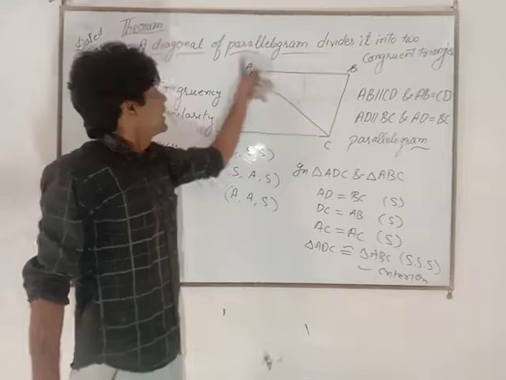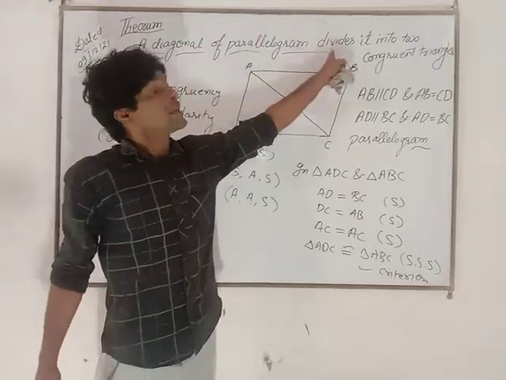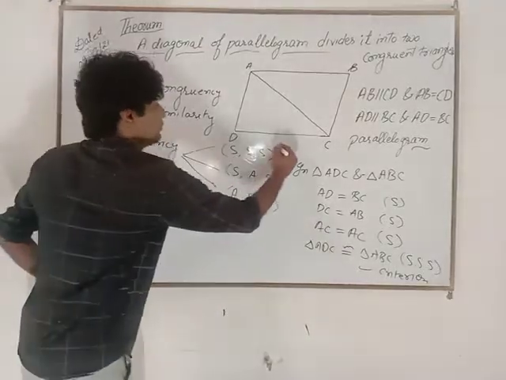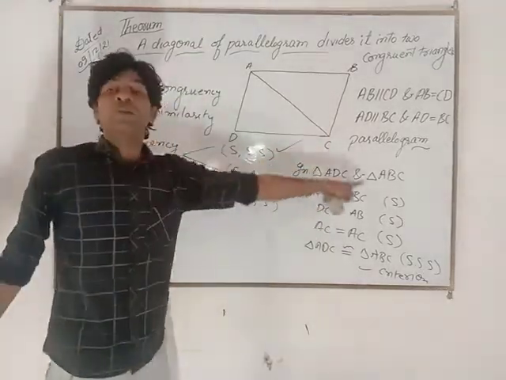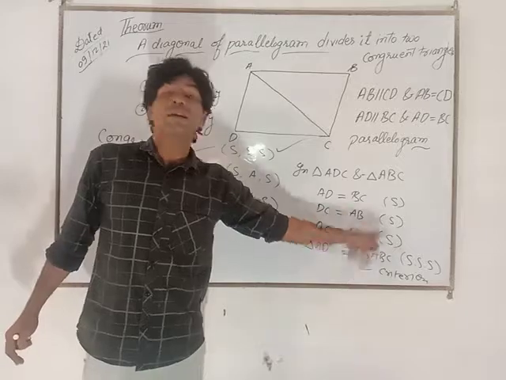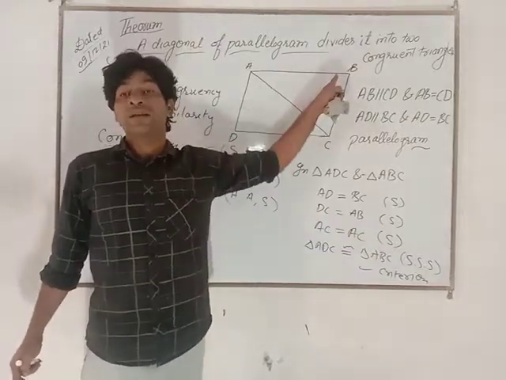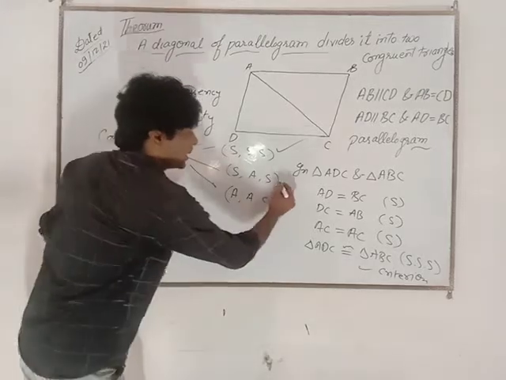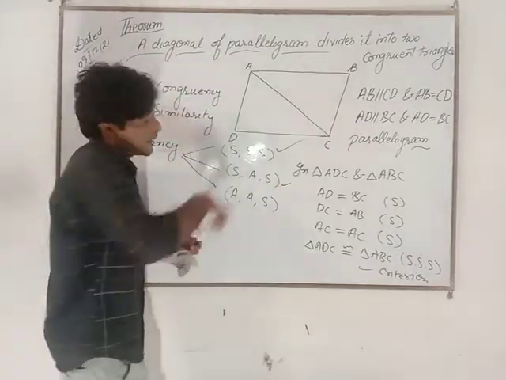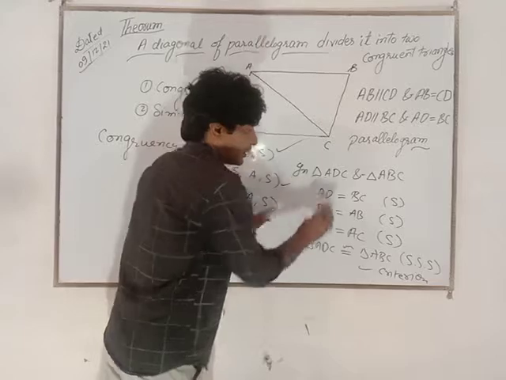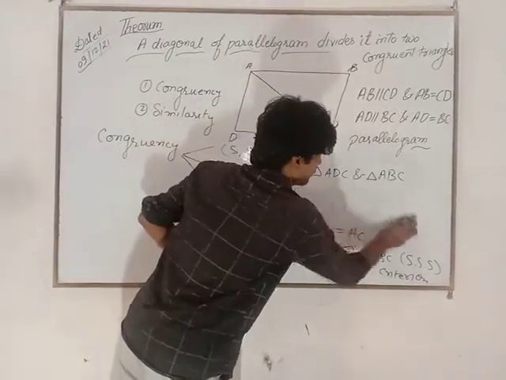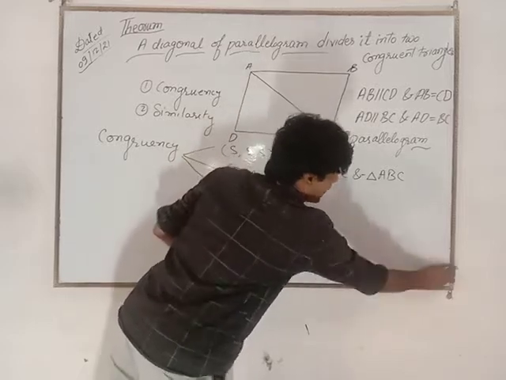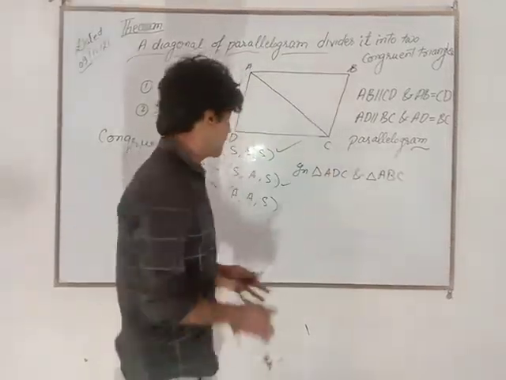The same theorem is just asking to prove you, right? Come on, here by triple S, by one method you have made congruent these both triangles, right? Now we take SAS. Again you will take these both triangles, triangle ADC and triangle ABC, right?